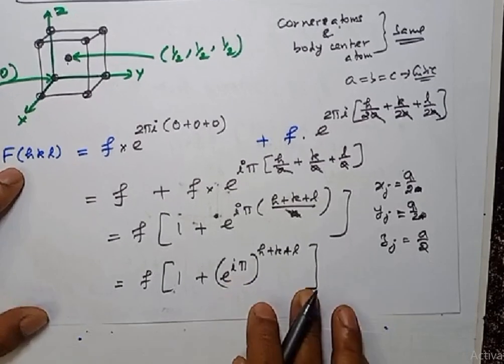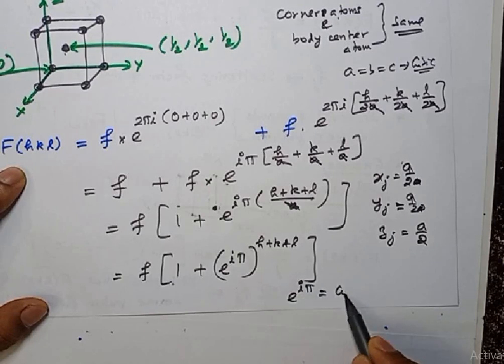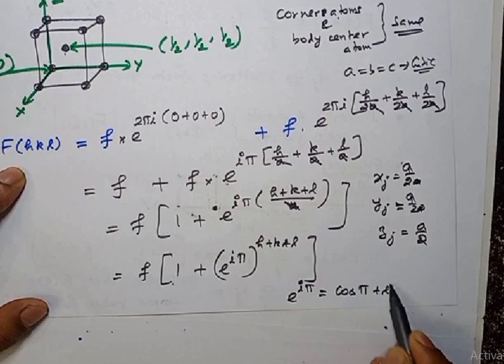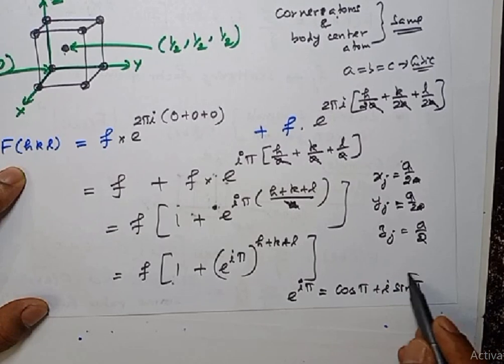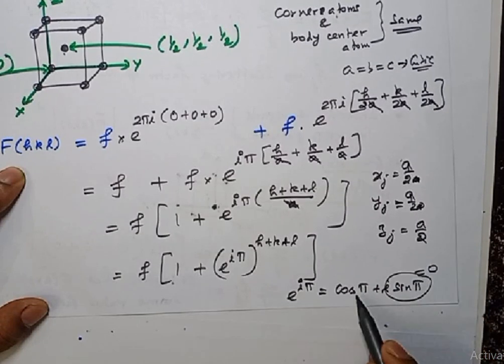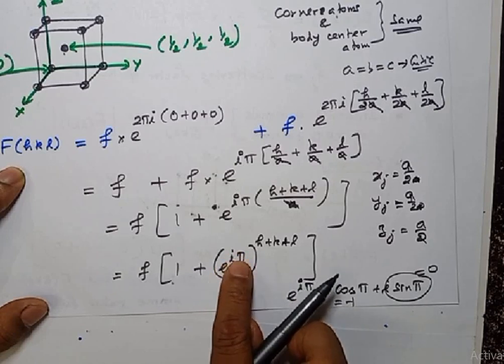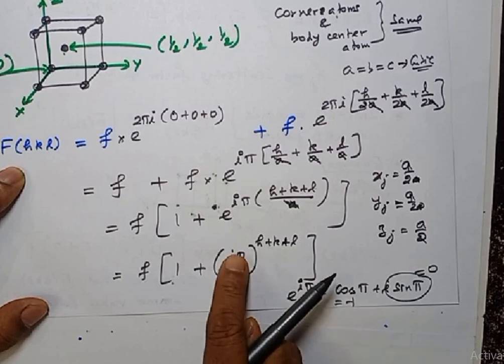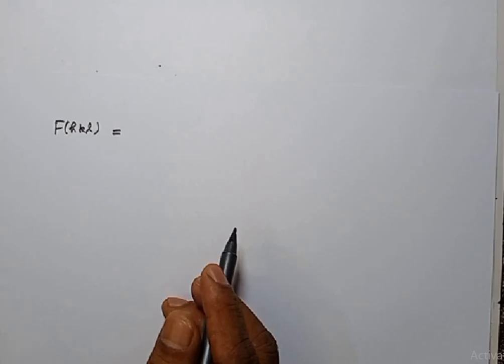You know very well Euler's theorem, you might have heard about this, according to which e power i pi can be written as cos pi plus i into sin pi. Sin pi is 0, so this quantity becomes 0. Cos pi is minus 1. So e power i pi value is minus 1. So I'll place minus 1 here. Let me write in the next page. Just copy down. Let me continue.